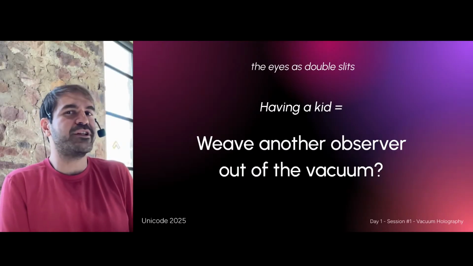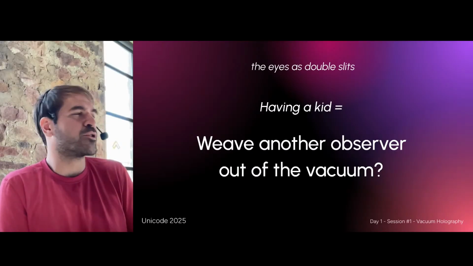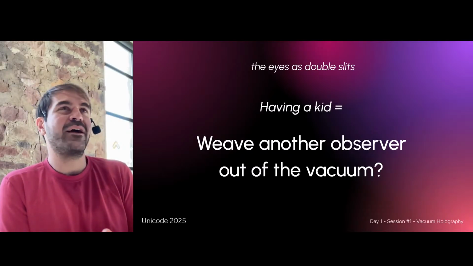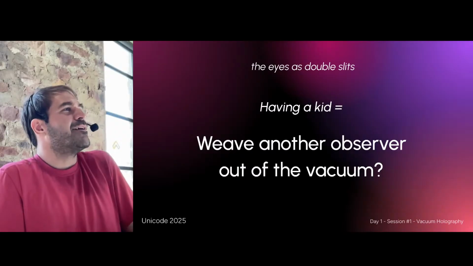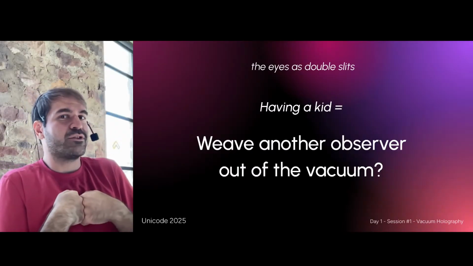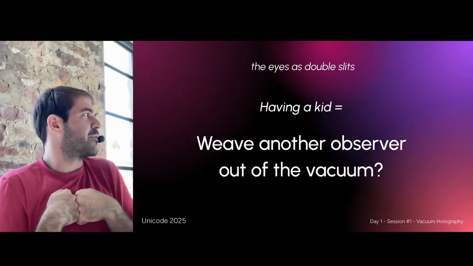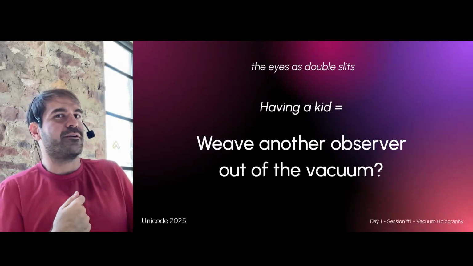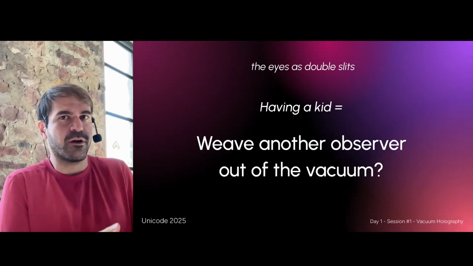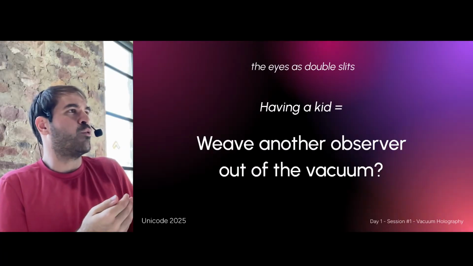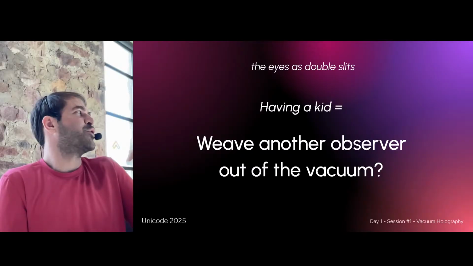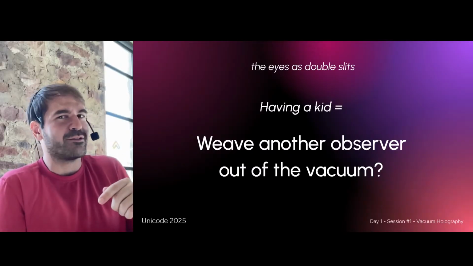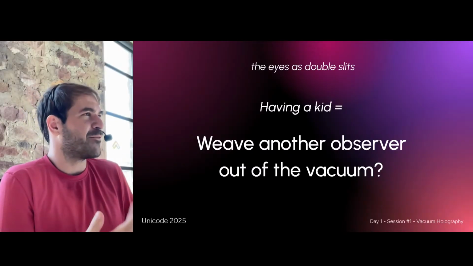Ultimately, procreation is weaving another observer out of the vacuum. That's what you're asking yourself, and you're asking yourself first, do I want to weave another observer out of the vacuum? And then if you are in a relationship with a significant other, you are as an entangled observer declaring together whether you want to or don't want to weave another observer out of the vacuum.